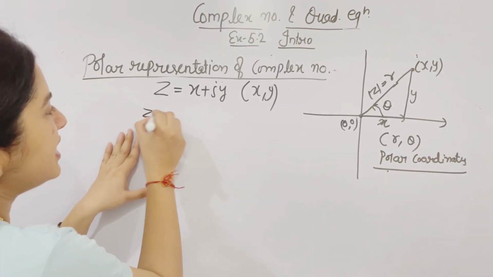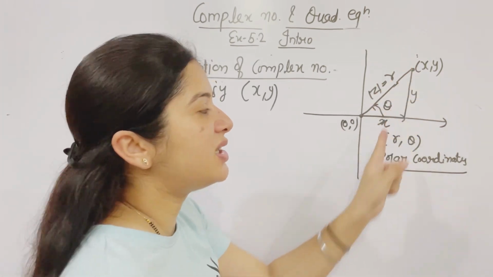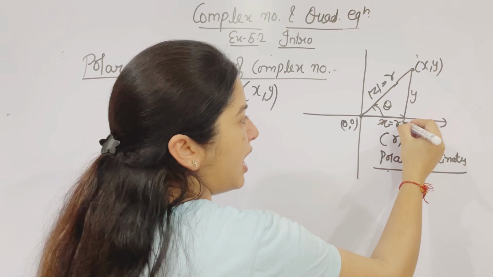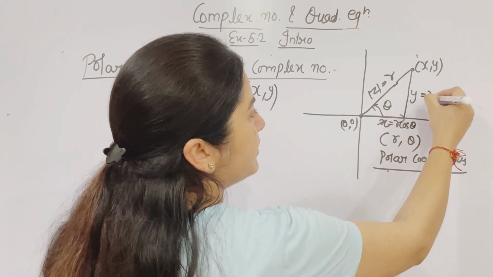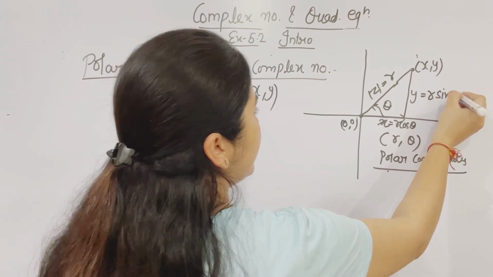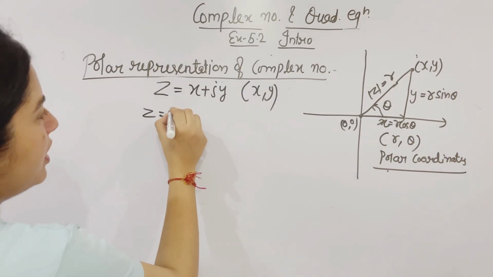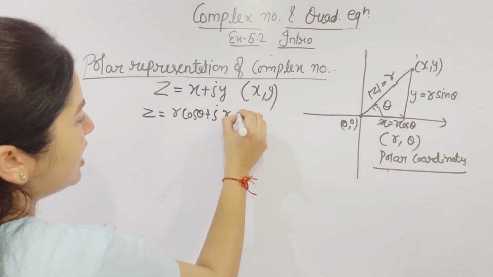How to change this? Let's see. See this x, this is r, this is theta. We know that the horizontal component is r cos theta. The vertical component will be r sin theta. Now put x's value r cos theta plus iota, y's value is r sin theta.